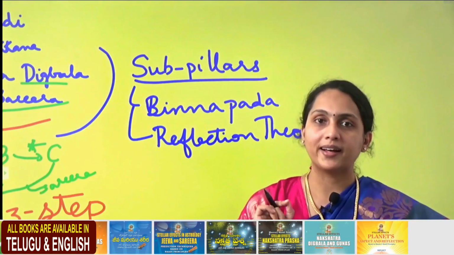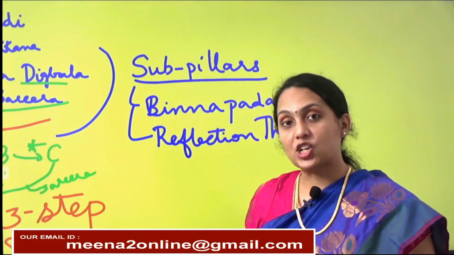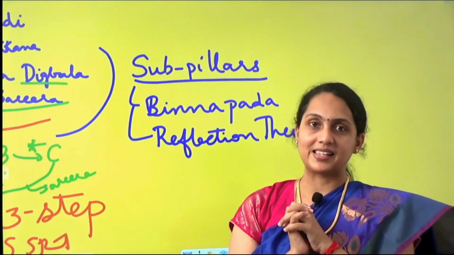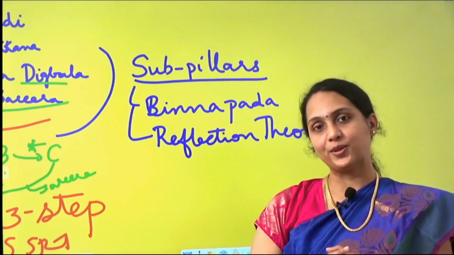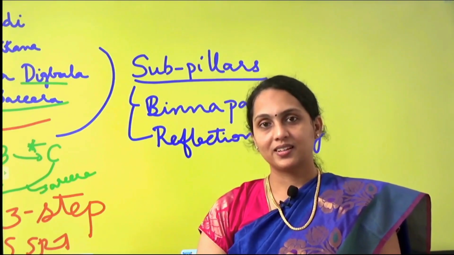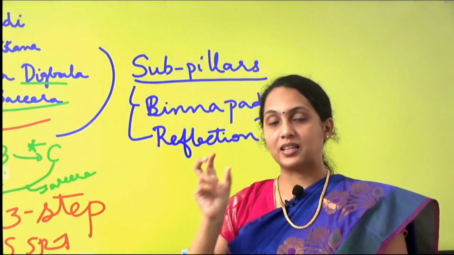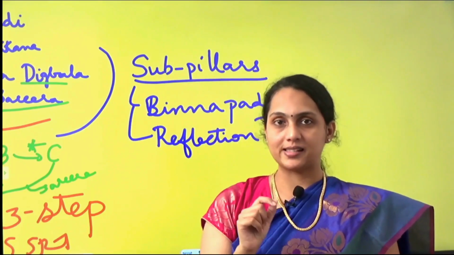What is the Bhinnapada? In the zodiac, you will find certain nakshatras which spread across both the signs. If you have observed Kritika Nakshatra, Punarvasu Nakshatra, Mrigashira Nakshatra, they spread across two signs.